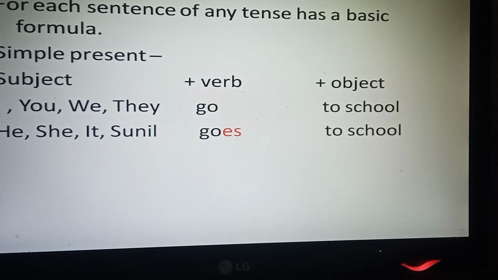So for I, you, we, they, the verb is go, and the object is to school. In the third person, that is he, she, it, and the name of a person, we add es to the verb: goes to school. We will learn more about it next.